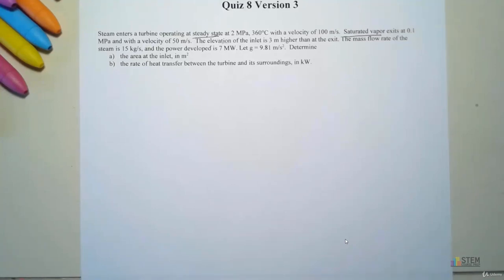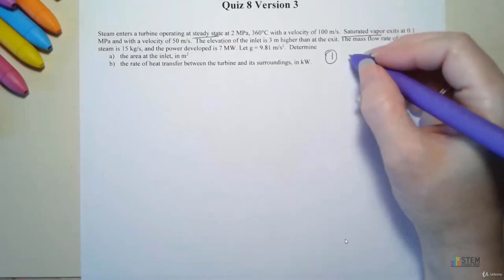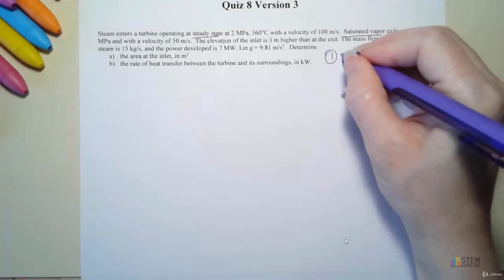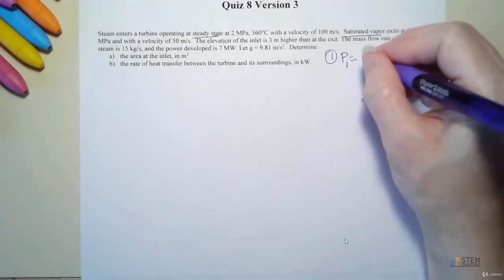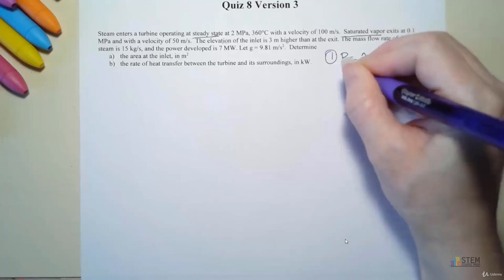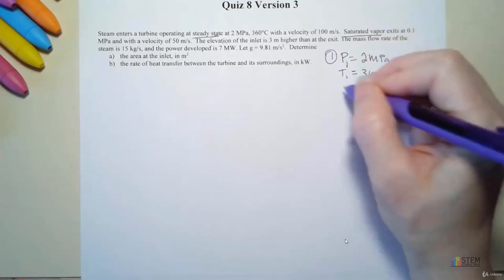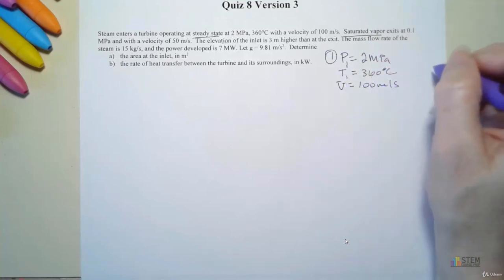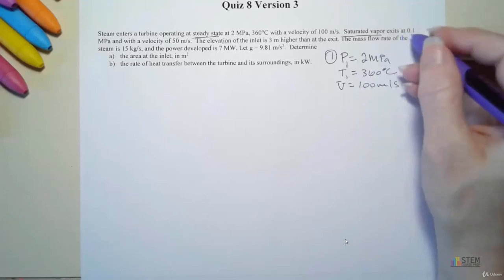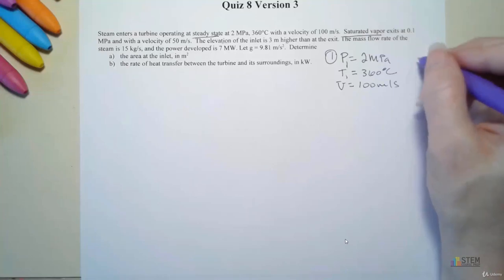Now, I'm going to go ahead and write out our conditions at state 1 and 2, just so I can see them without having to redo that problem again. So P1 is going to be 2 megapascal. The temperature is 360. Velocity is 100. And what else do we know here? Mass flow rate is going to be 15 kilograms per second.